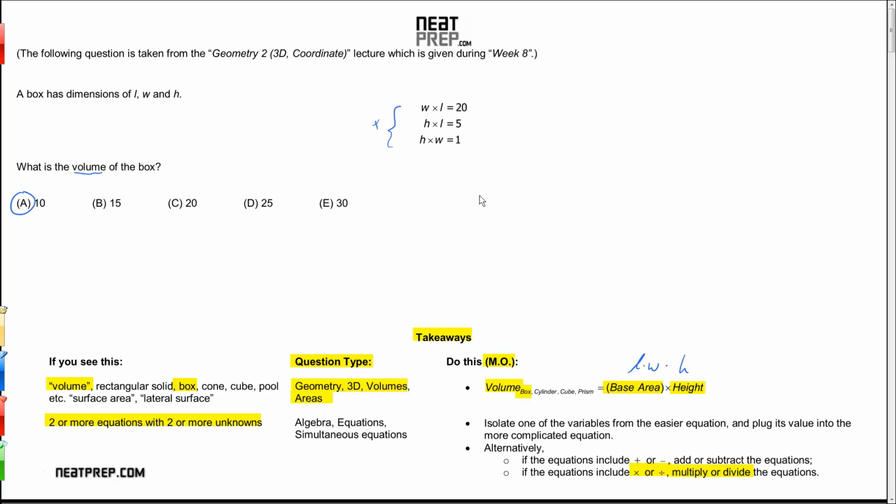Since I have multiplication here, I multiply the equations, and that's it. W squared times H squared times L squared equals 100, and that means that WHL equals 10. Literally, if you take a look at the amount of writing here, this question, which is not an easy question, should take you approximately 20 or 30 seconds if you know your takeaways well.